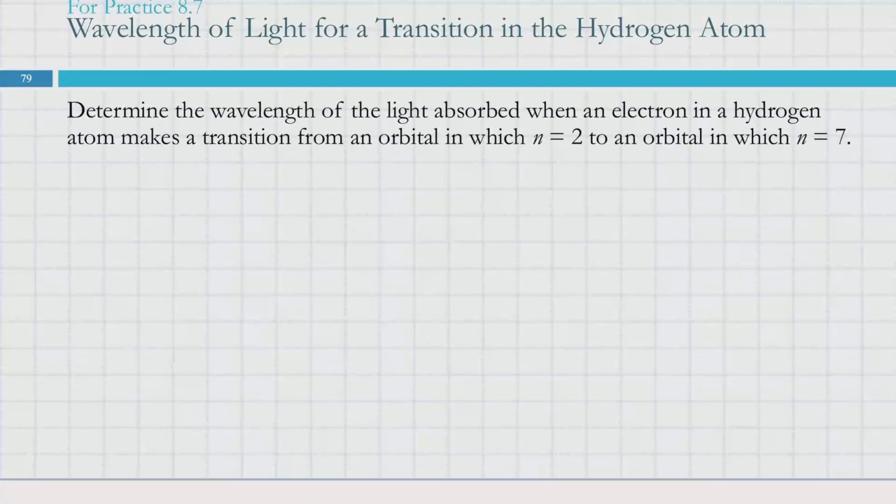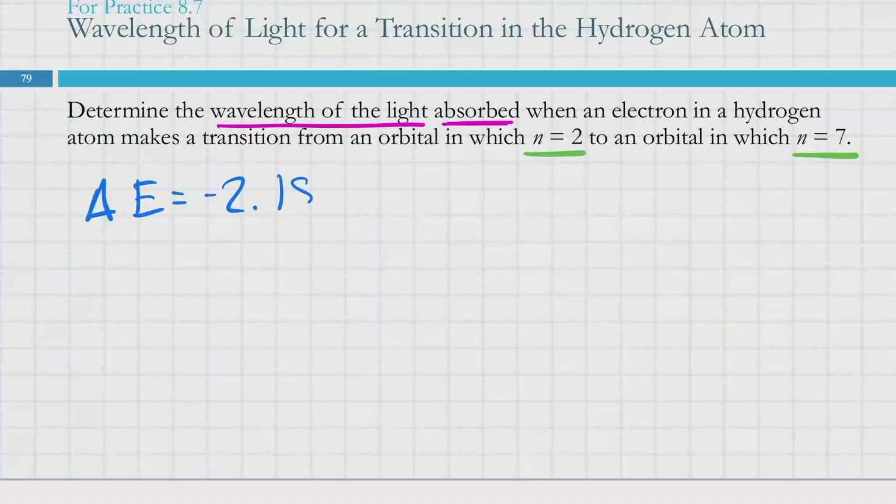So we want to determine the wavelength of light absorbed when an electron in a hydrogen atom makes a transition from an orbital where n equals 2 to n equals 7. And our equation is delta E equals negative 2.18 times 10 to the minus 18 joules, times 1 over nf squared minus 1 over ni squared.